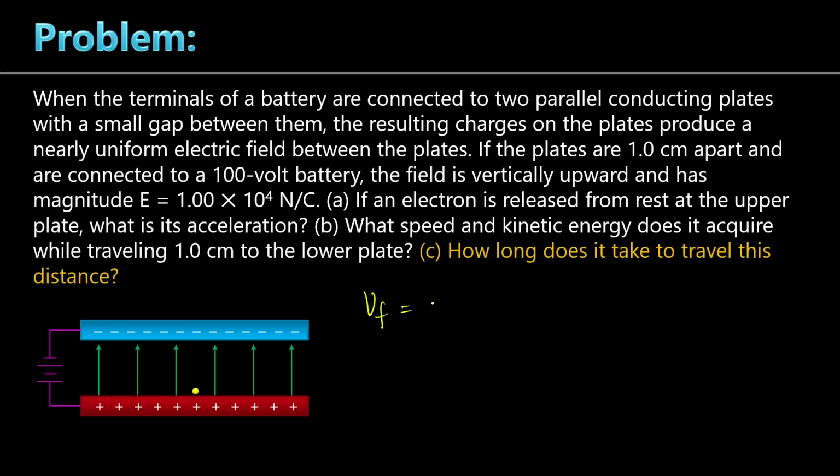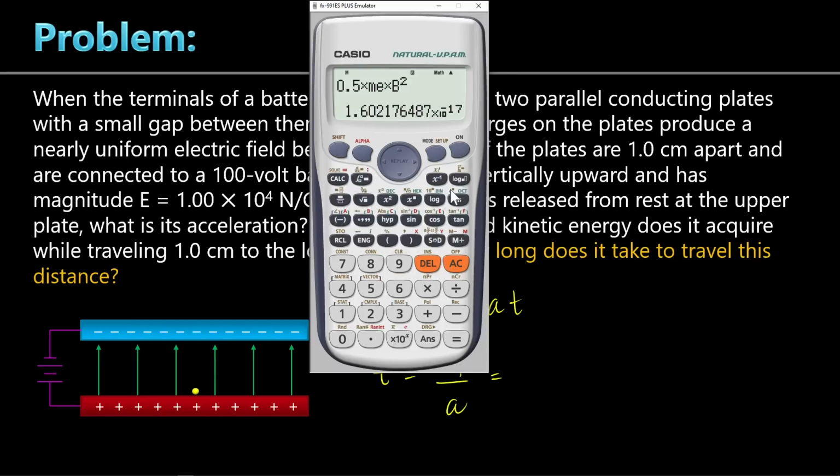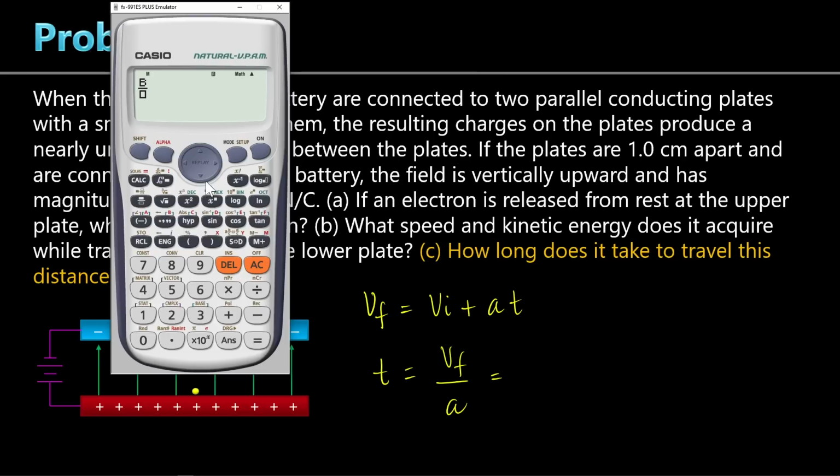Vf is equal to Vi plus A times T. So, yung initial velocity natin ay 0, di ba? At ang time ay equal sa Vf divided by the acceleration. So, ang final velocity ay nakastore sa B, fraction sign alpha B. Tapos, yung acceleration ay nakastore sa A. So, alpha A equals, ayan.